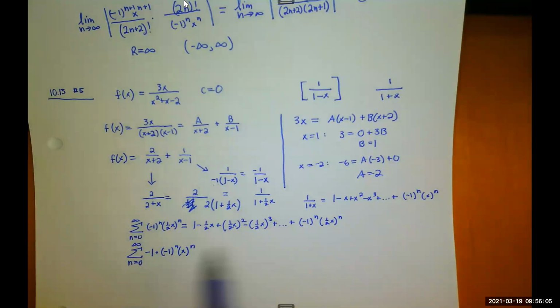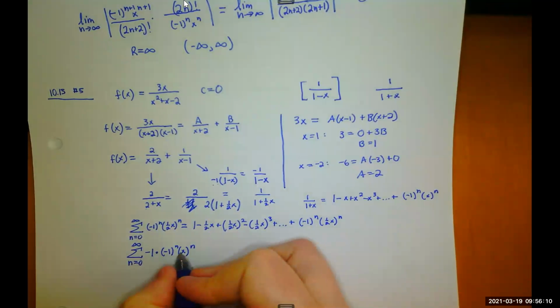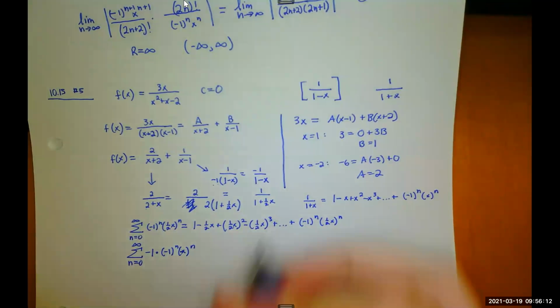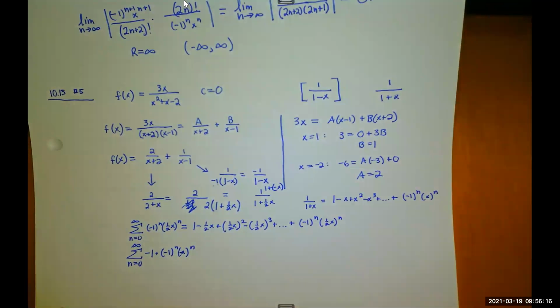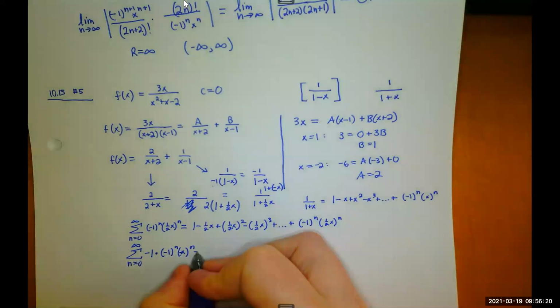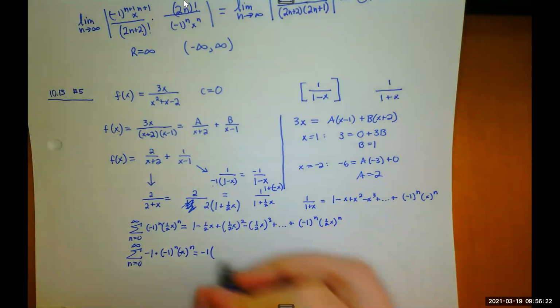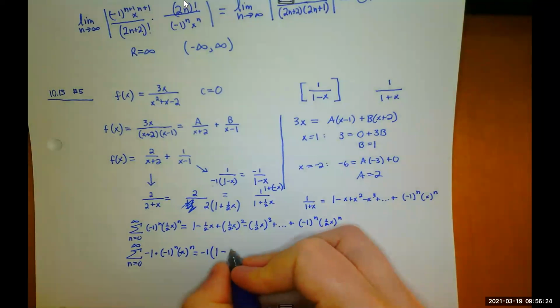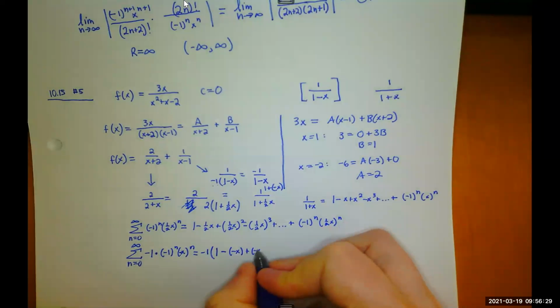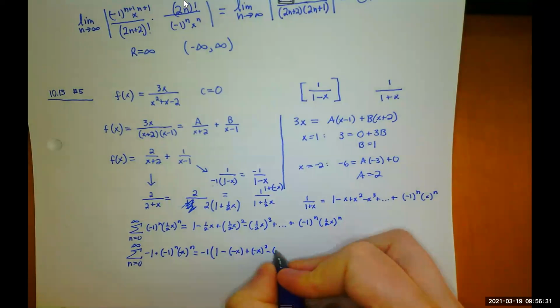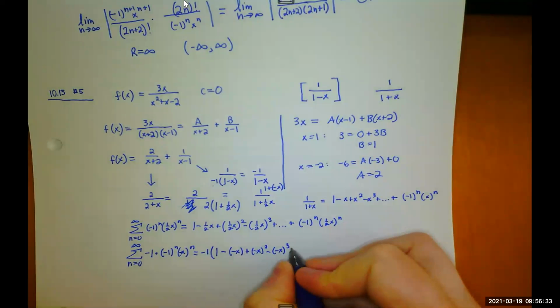Right? Multiply. Oops. We're doing it this way. 1 plus -x. Yeah. Uh-huh. So that's -1 times 1 minus -x plus -x squared minus -x cubed.